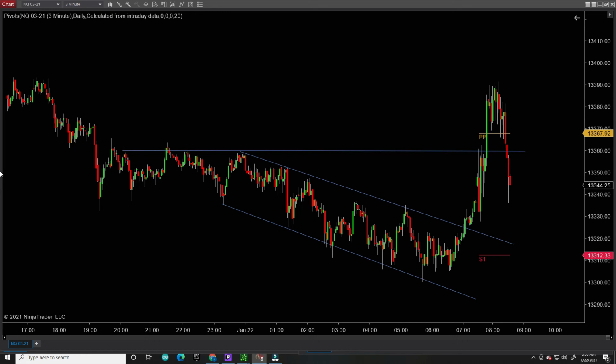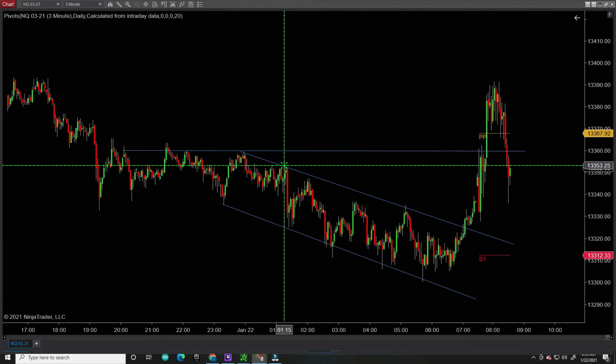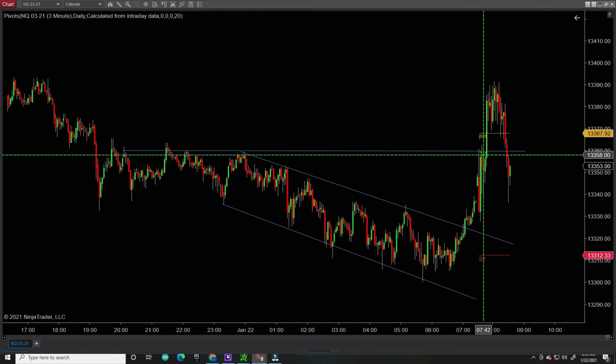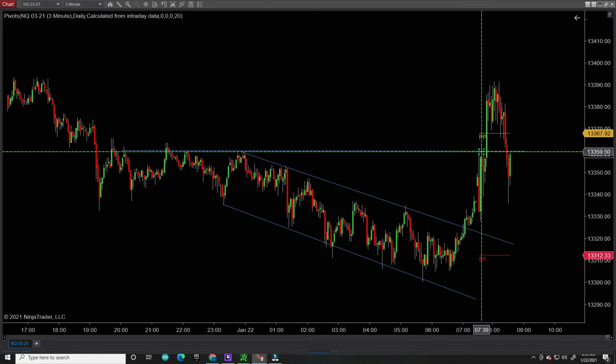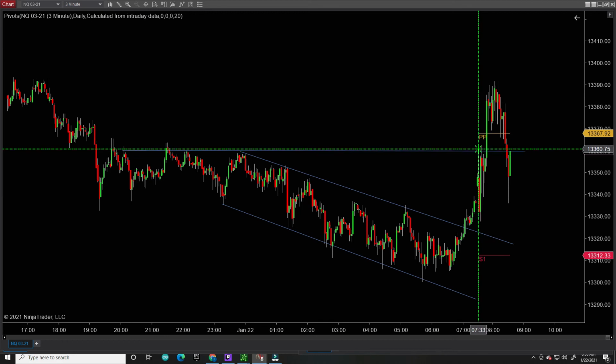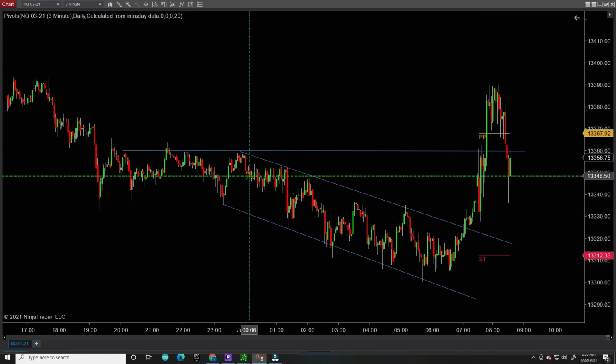So looking at my contracts here, I sold at 13,357.75, and I had orders fill at 54.25, so that was 3.5 points. 55, which was 2 3/4 points. 54.25, so that was 3.5 points. 54.75, so 3 points.